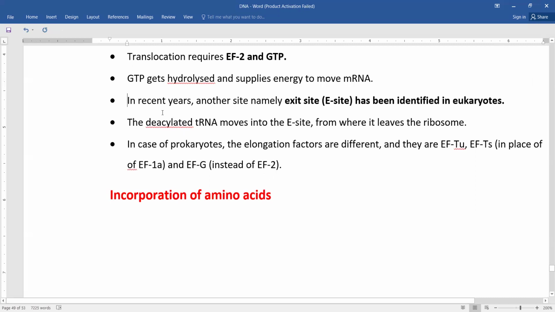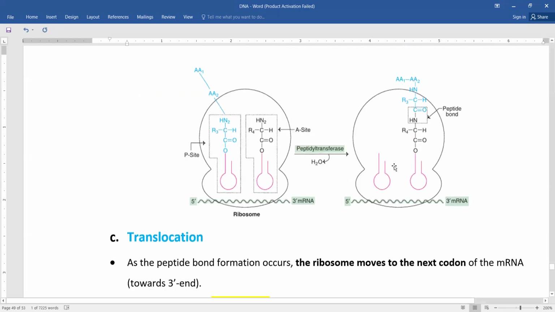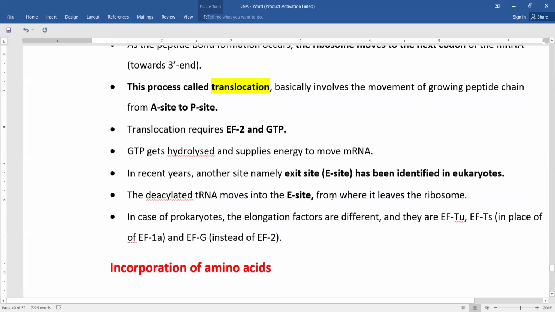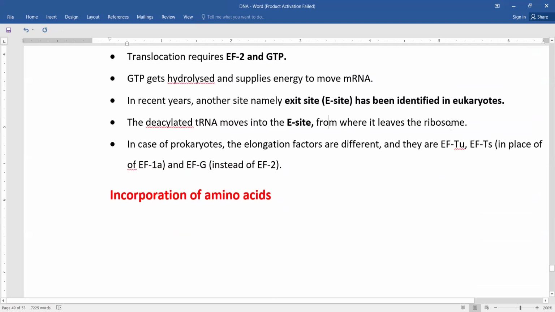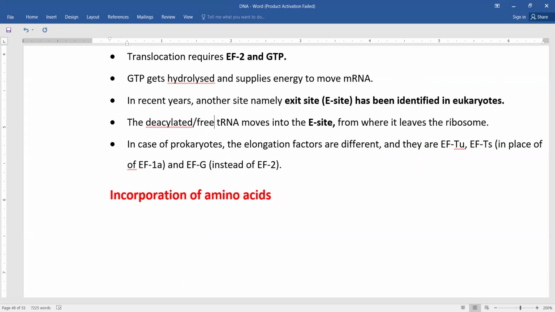We have seen in the video that the deacylated tRNA moves into the E site. This is called deacylated tRNA, or free tRNA. It moves to the E site, which means it leaves from there, where it leaves the ribosome.